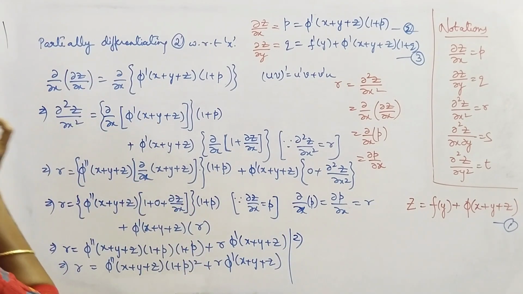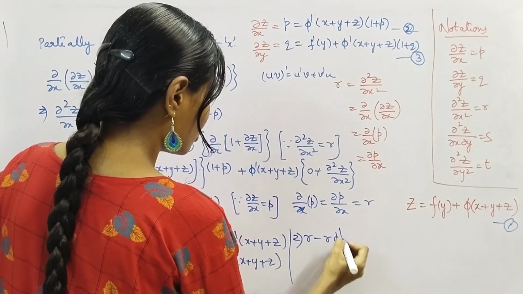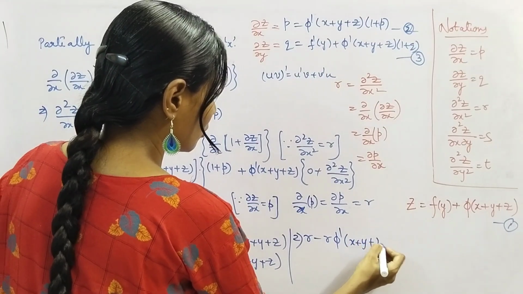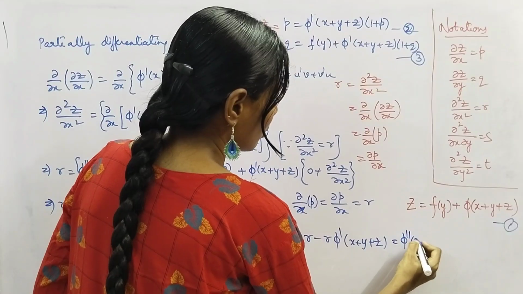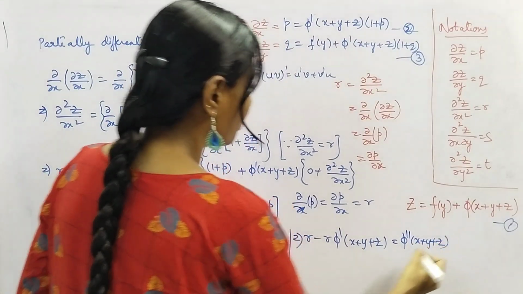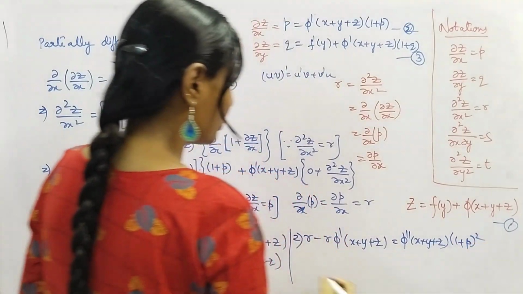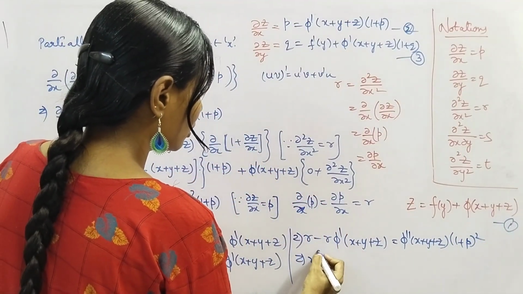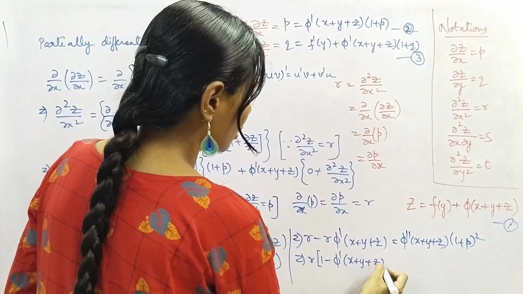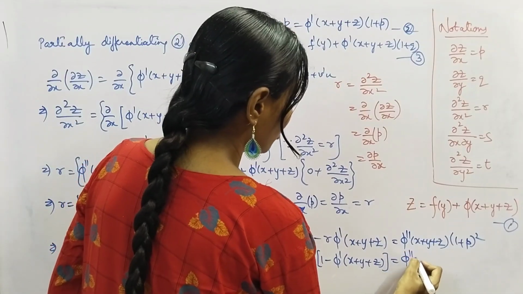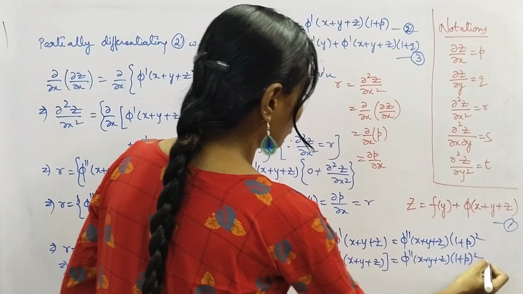If you bring this to LHS, you'll get r minus r times phi dash of x plus y plus z equal to phi double dash of x plus y plus z times 1 plus p whole square. Now take r common here, you'll get r times 1 plus phi dash of x plus y plus z equal to phi double dash of x plus y plus z into 1 plus p whole square.